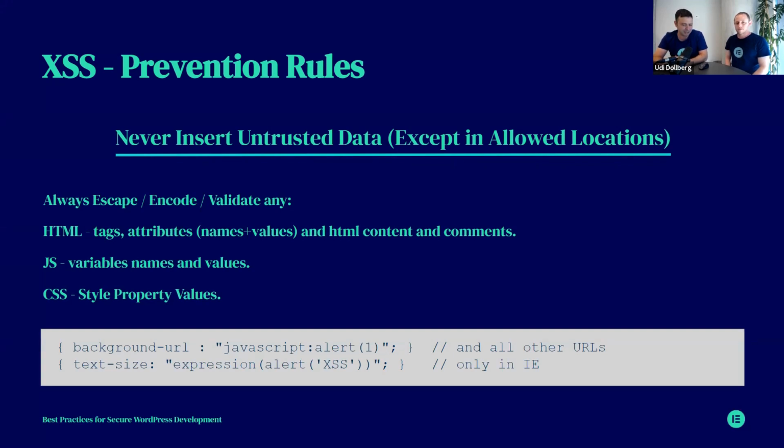The thing you need to take from here is never trust anyone, even if you're 100% sure the code is clean and you're safe. For example, if you print something like a title, which is using one of the WordPress translation wrappers like underscore underscore, or underscore E, even translations are not safe.